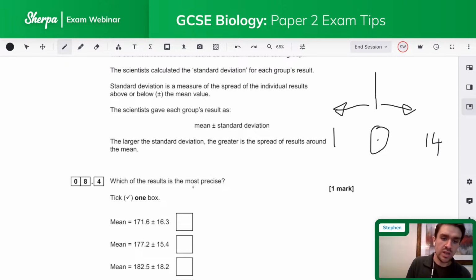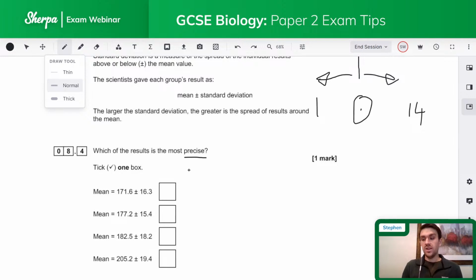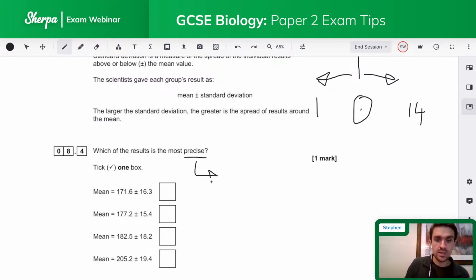We're asked here, which of the results is the most precise? A simple one-mark question, but that can be tricky if we don't understand the meaning of these words. Now remember, accuracy, that is about how close is the value to the true value. Precision is more about how precise is that value, meaning how within limits does it fall, okay?